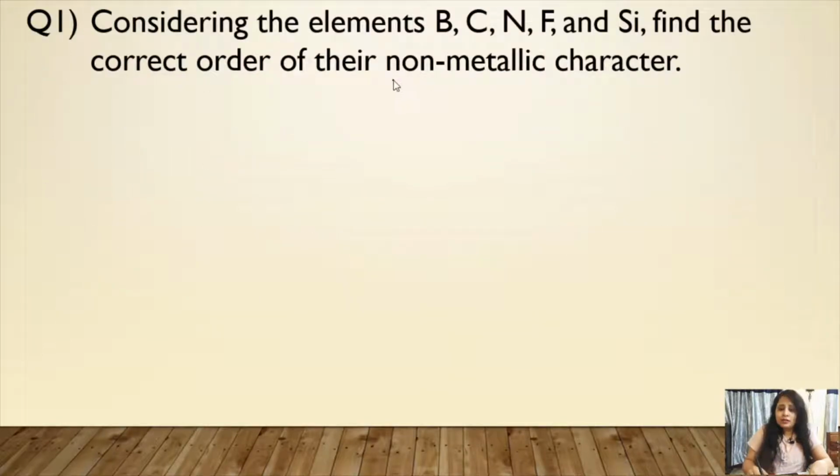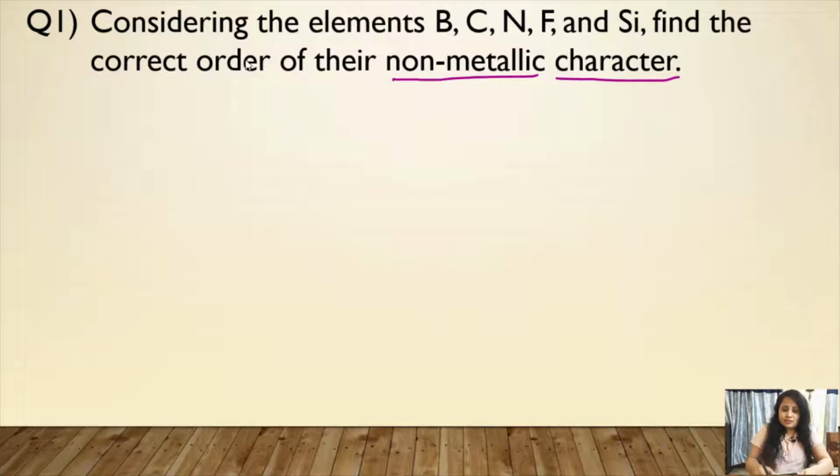So here comes a new term, non-metallic character. What is that? Non-metallic character is directly related to electronegativity. The non-metals are those elements which are able to attract electrons. So highly electronegative means highly capable of attracting electrons. It means they are non-metals.